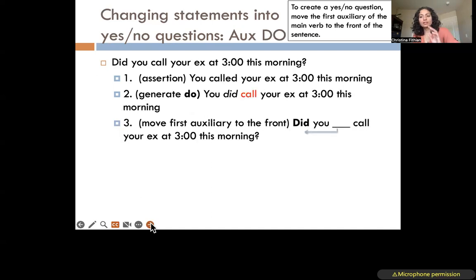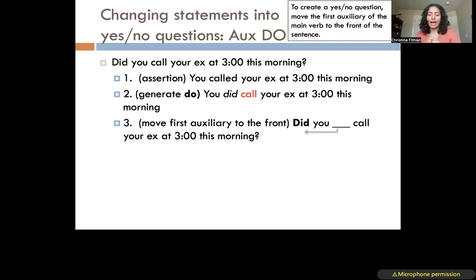So now let's take a look at auxiliary do for a minute. Let's say, for example, I have the sentence, "You called your ex at 3 o'clock this morning." Well, just like we saw with negatives, you're going to note that you do not have an auxiliary verb, and you need an auxiliary verb to make a negative statement or a question.